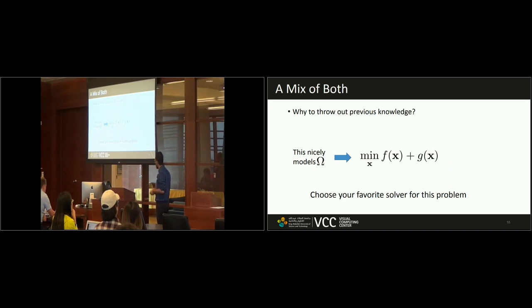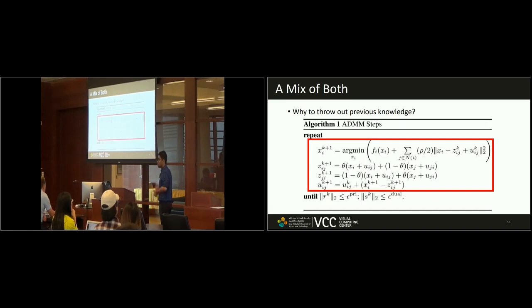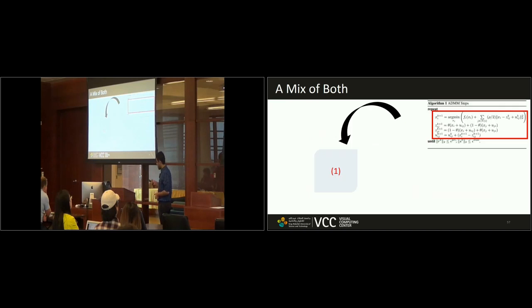What I mean by this is, we know from beforehand that this models X very nicely. We know some knowledge from signal processing. Why do we have to throw that out of the window? Let's say that I want to solve this problem, and I choose ADMM, which by now you know is one favorite solver of mine. What I do is look at the update step of ADMM, and one iteration of that corresponds to one complicated layer with lots of intermediate connections.